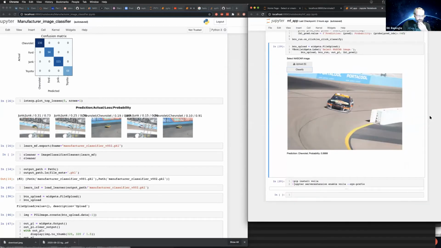Did anybody have any questions about this? I think the junk thing is interesting, because the junk just means it's obscured. So you've trained it to identify pictures that are obscured, right? Right. And let me see, I can pull up.